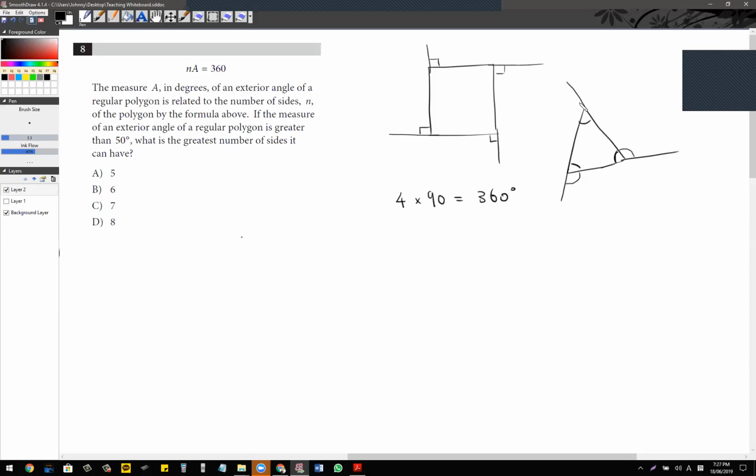It's the same as this one here. So this is 60 here, so the exterior is 120, and 120 times 3 sides is 360. So it says that if the exterior angle of a regular polygon is greater than 50, what is the greatest number of sides it can have?